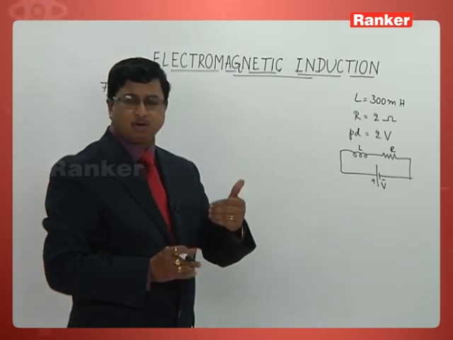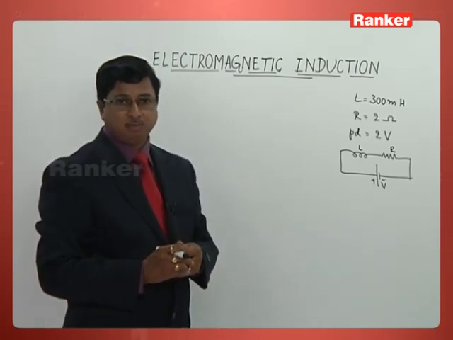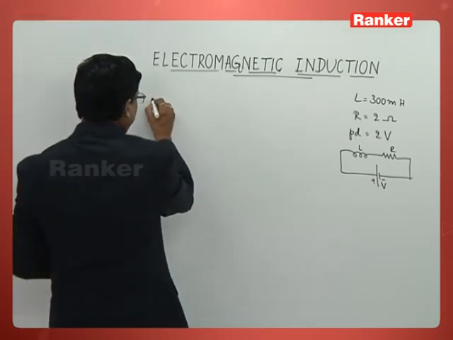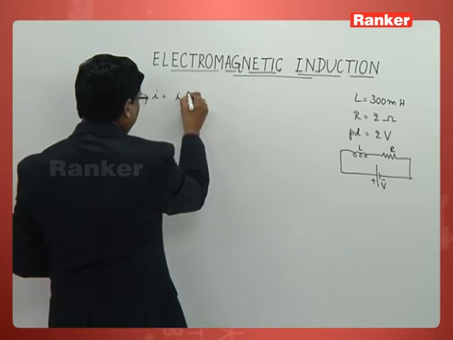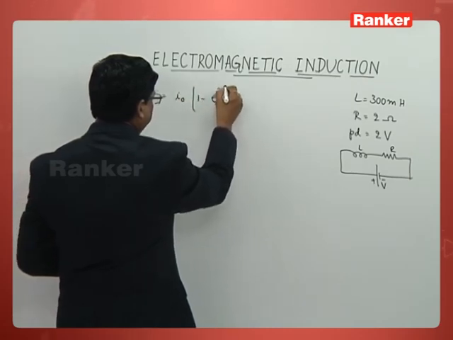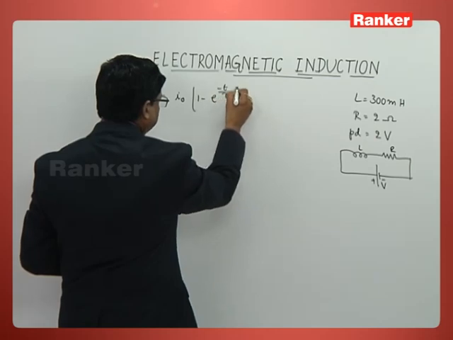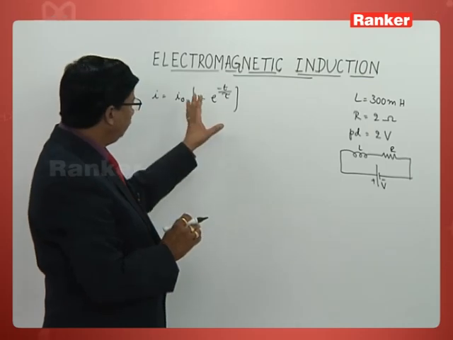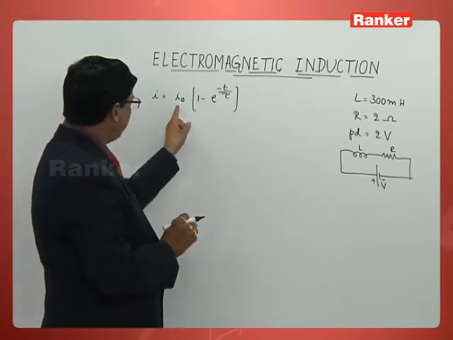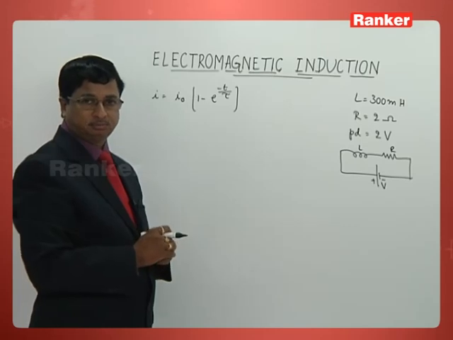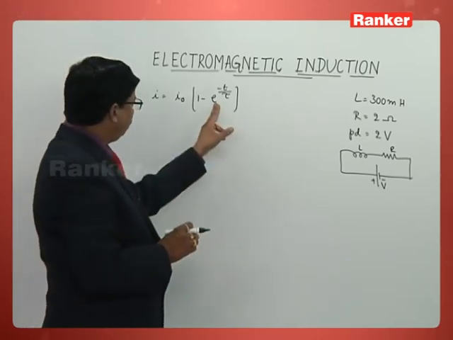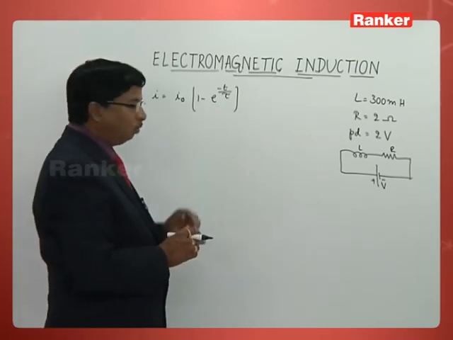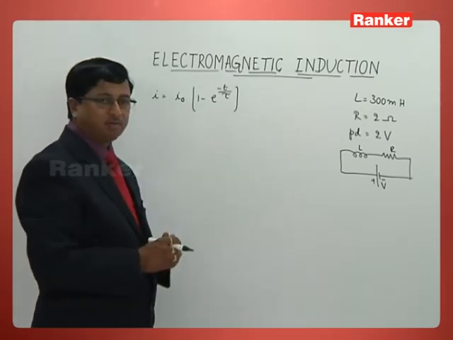The instantaneous value at a particular instant of time is I equals I naught into 1 minus e power minus t by tau. Out of it we know I naught is the peak value, the value of small t is what he is asking, and tau is no doubt the time constant of the LR circuit.